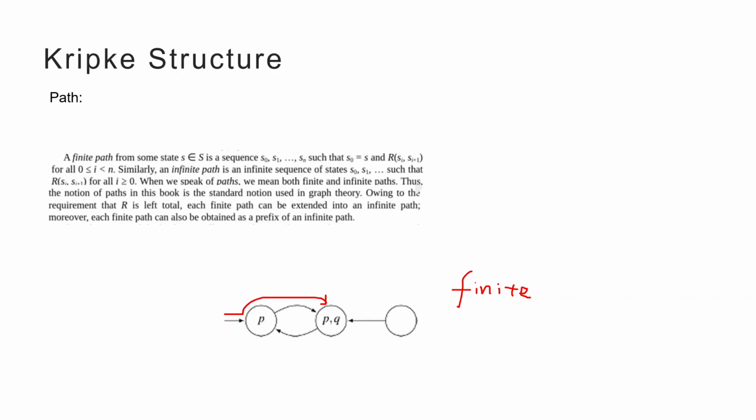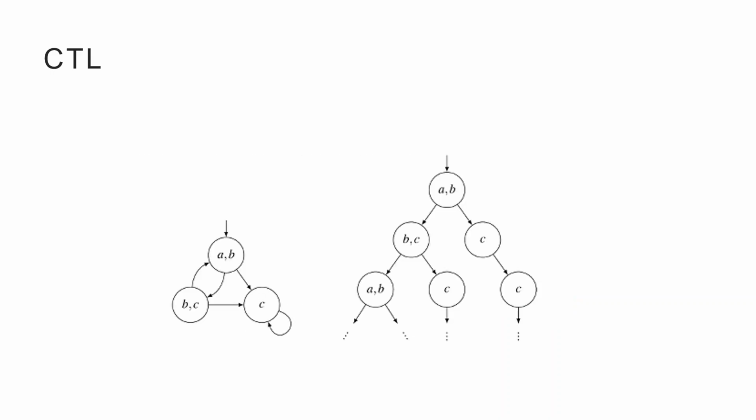Just like directed graphs, the concept of paths also exists in a Kripke structure. For example, the path from this state to this state is a finite path of length 2, and another example is the loop between these two states, which forms an infinite path. Next, let me briefly introduce a type of temporal logic we mentioned earlier, called computation tree logic.